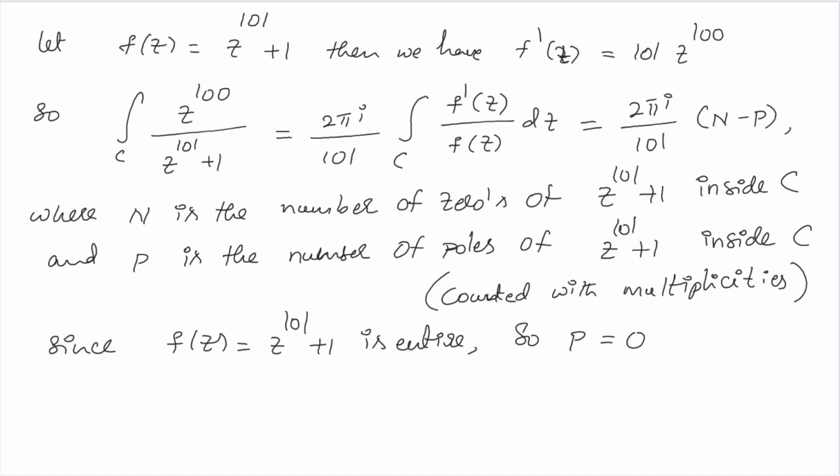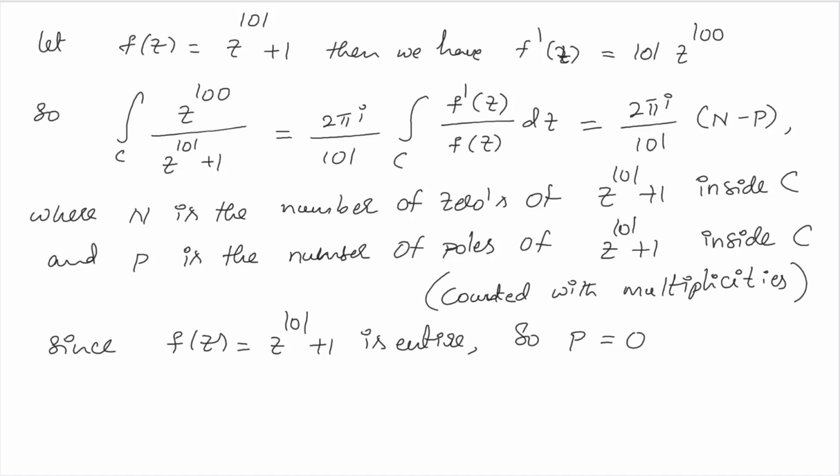But the question here is, what is the value of n? That is the number of zeros of the polynomial z to the power of 101 plus 1 inside C, where C is the circle of radius 2 with center 0 in the complex plane.